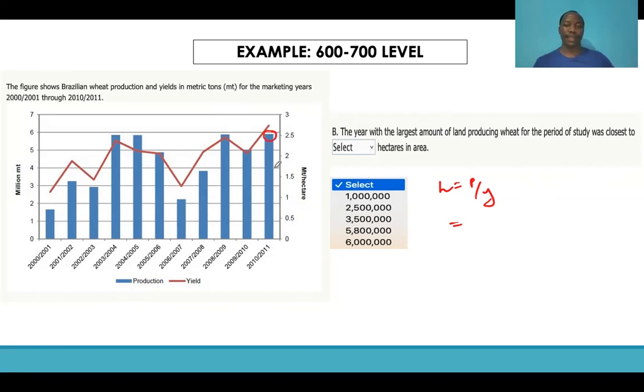Then 6 over the yield for that period, which was approximately 2.5. Doing that simple calculation translates to about 2.4, and the answer closest to that in our answer choices is B, which is 2.5 million hectares in area.